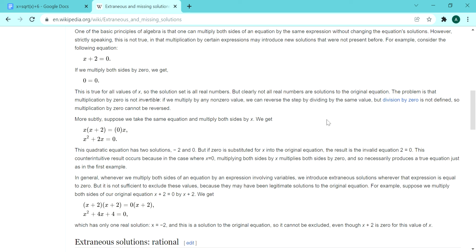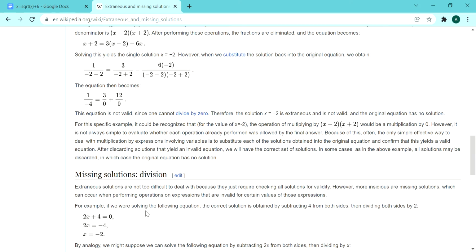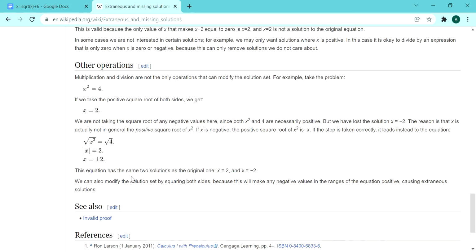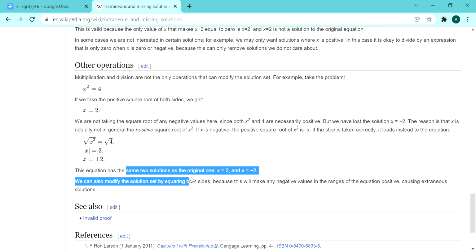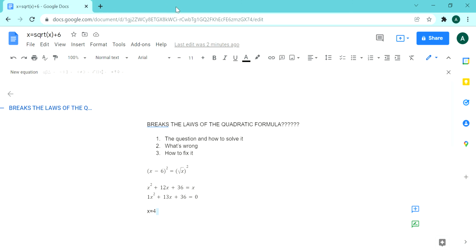But if we... So basically, square, see here, so see, that's weird. So what's happening is we're getting an extraneous solution.